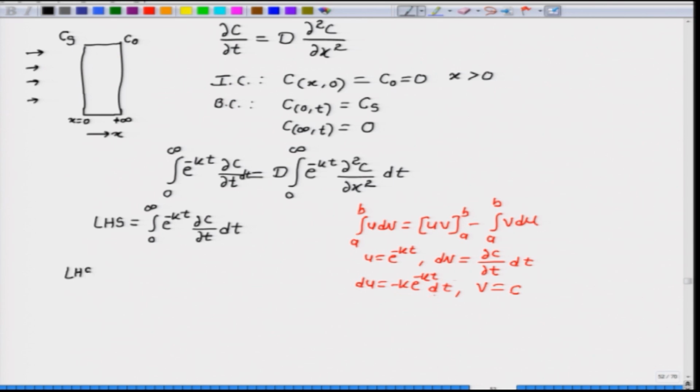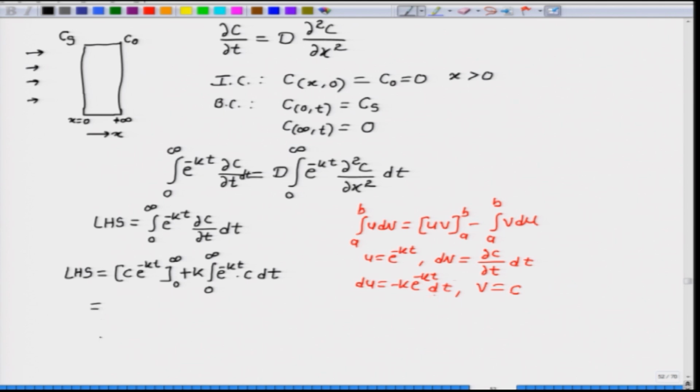So, by solving integration by parts we get LHS equal to c times e to power minus kt from 0 to infinity minus integral v du, where v is c and du is minus k e to power minus kt. So, the two minus signs will get cancelled, plus k is outside the integral because it is constant, not dependent on time. So, k integral 0 to infinity e to power minus kt times c dt.